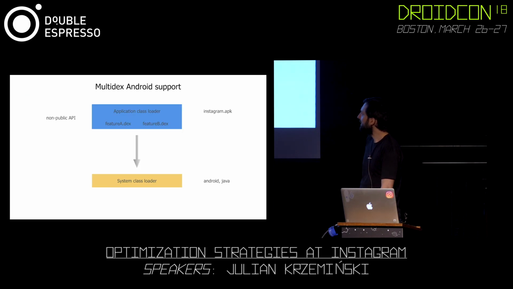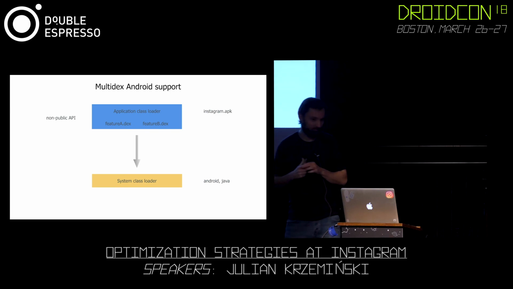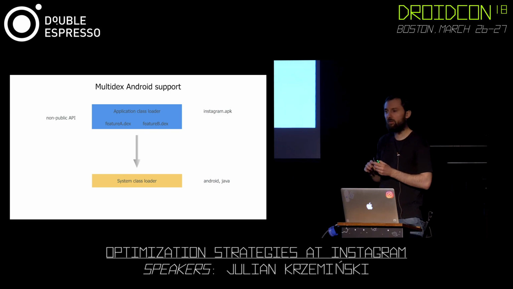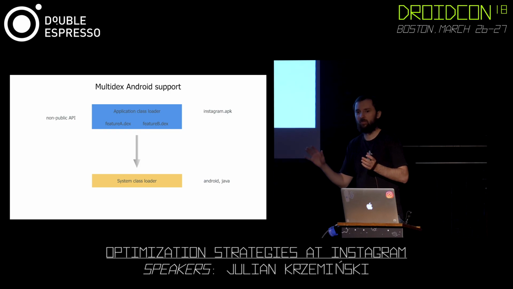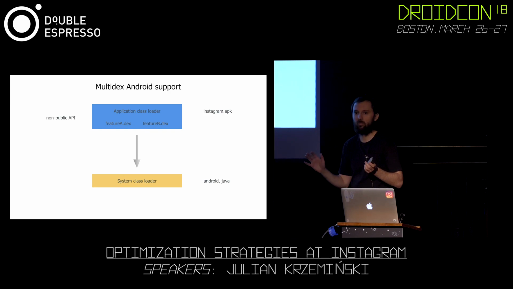Another approach is to follow what the Multidex library does. The Multidex library modifies the application class loader by using non-public API. A class loader doesn't have an API that says, can you please handle one more file? Once initialized, and it's initialized to our APK file by the system, there is no public method to say handle this one more file.